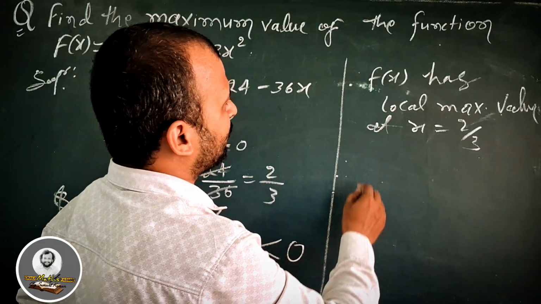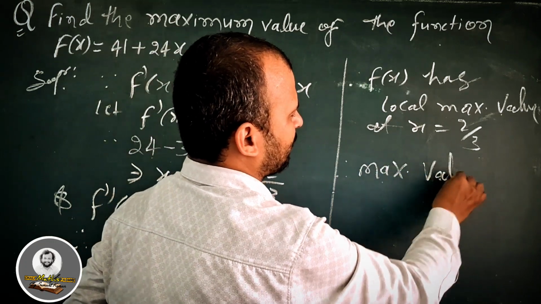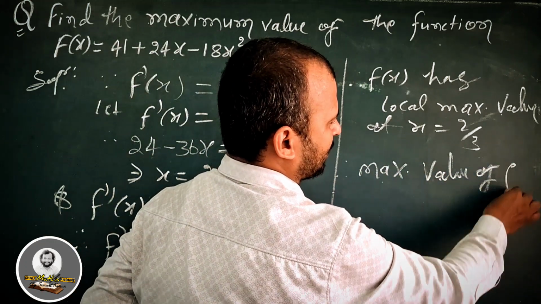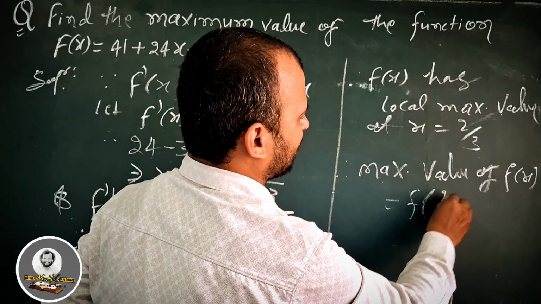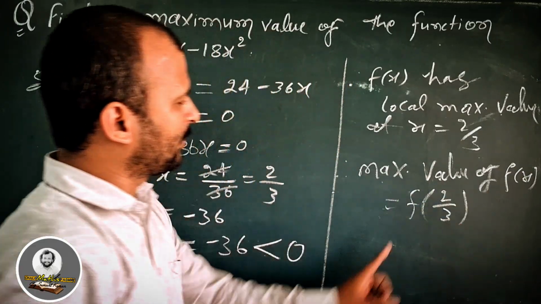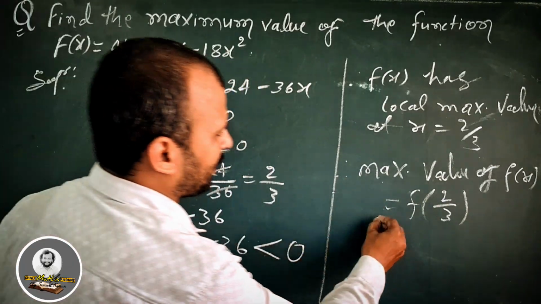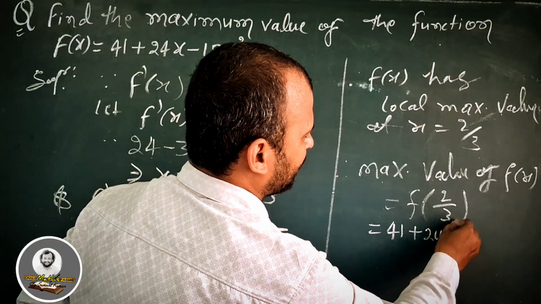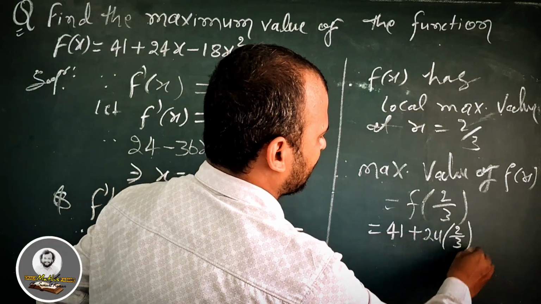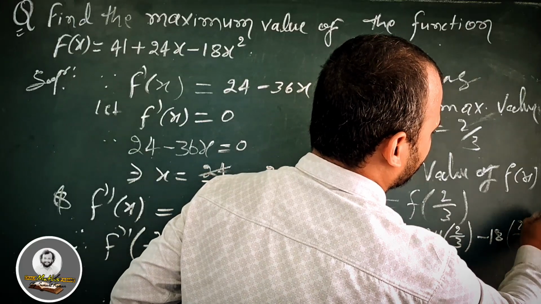Therefore the greatest value, the maximum value of f(x), is equal to f(2 by 3). We put x equal to 2 by 3 in the given function, then we get 41 plus 24 into 2 by 3 minus 18 into 2 by 3 whole square.